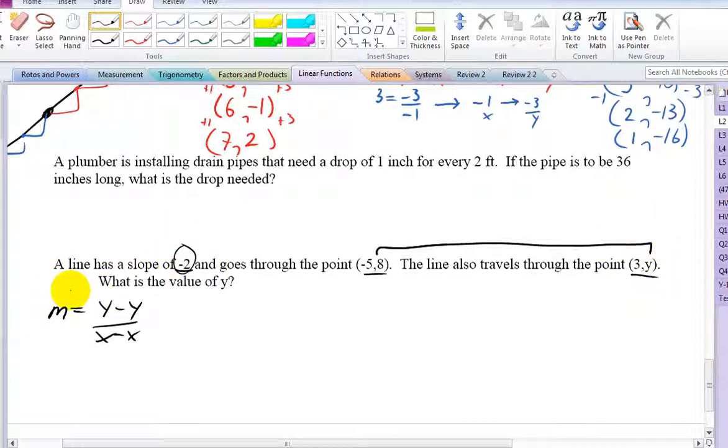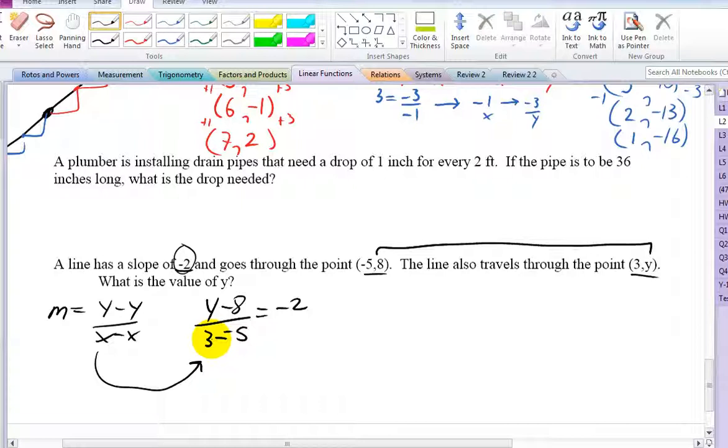It's basically slope equals slope. There's 2 ways to solve it. We're going to solve it using the algebra first. So what I can say is y minus 8, that's my y values, over 3 minus -5 must equal -2. Okay? So I'm basically turning this one into this equation.